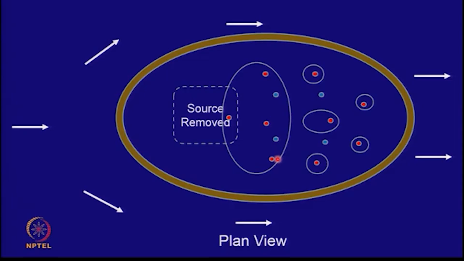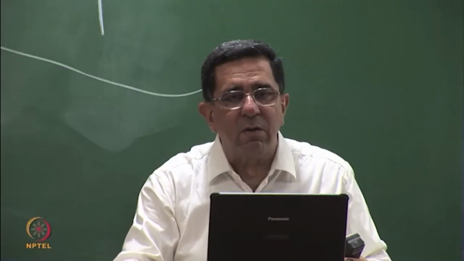Over a period of time, what will happen is the plume will break up into small pieces. That means this is now back to fresh water, or drinking water, and the contaminated plume is here, here, and here. And gradually all this plume will become smaller and smaller, and the injected water will take over.